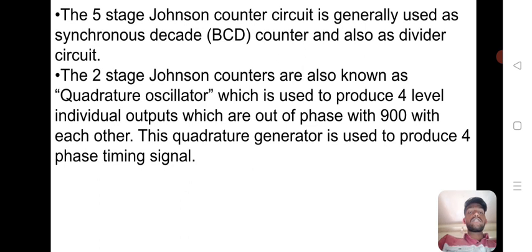The two stage Johnson counters are also known as quadrature oscillator, which is used to produce four individual outputs which are each out of phase by 90 degrees with each other. This quadrature generator is used to produce four-phase timing signals.